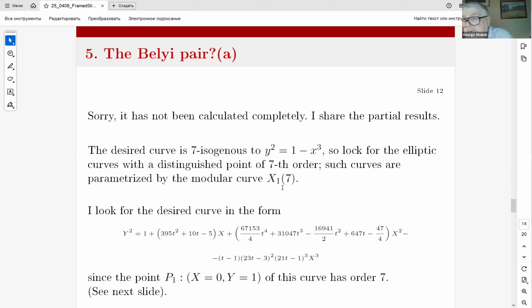Sometimes it is more preferable to think about it as tori with 2 marked points with such a condition that their difference has order 7 in the additive group of the torus. And X_1 is the standard notation for the corresponding modular curve.